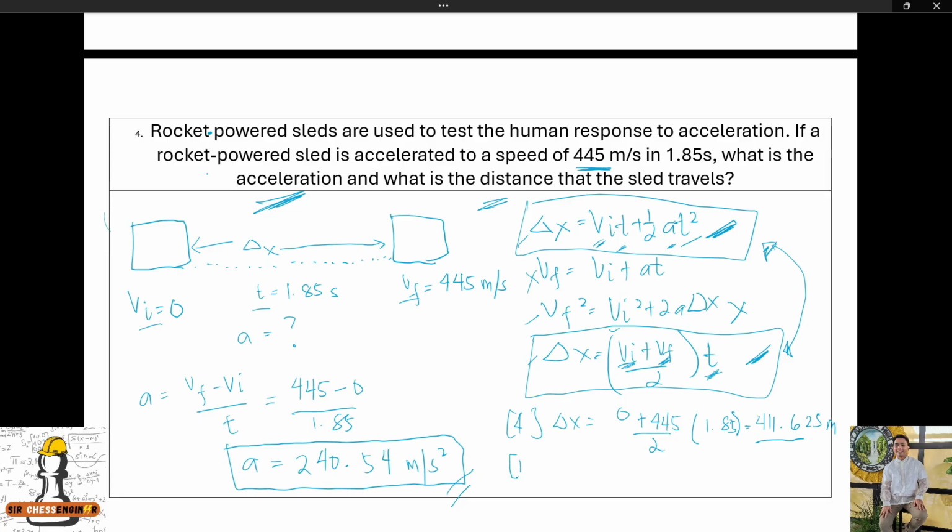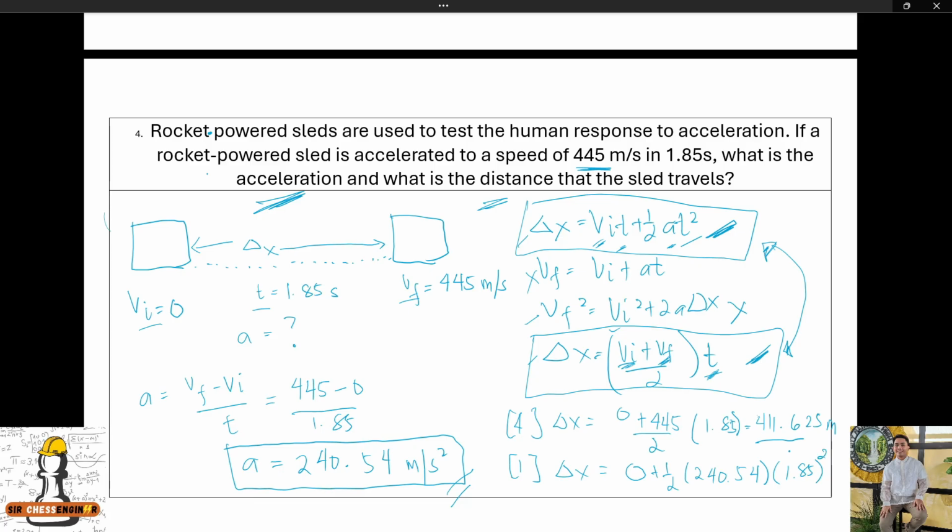How about we use equation 1, just for inspection, to see if we end up with the same answer. Delta x, according to equation 1, is VIT plus 1/2 AT squared. So initial velocity times time is 0, since initial is 0, plus 1/2 times acceleration 240.54, which we solved earlier, times time, 1.85 squared.